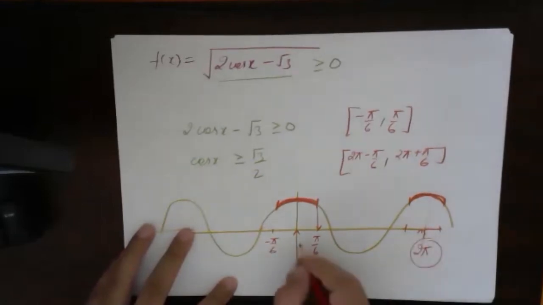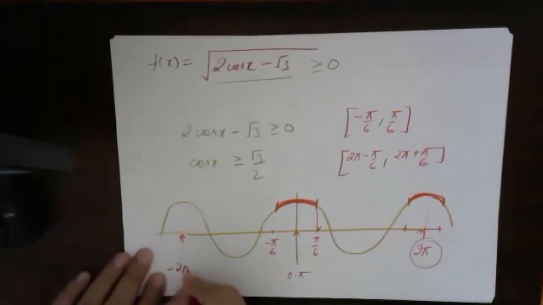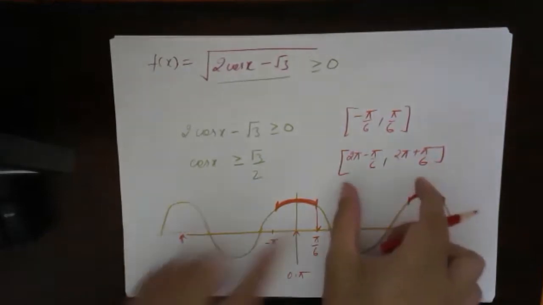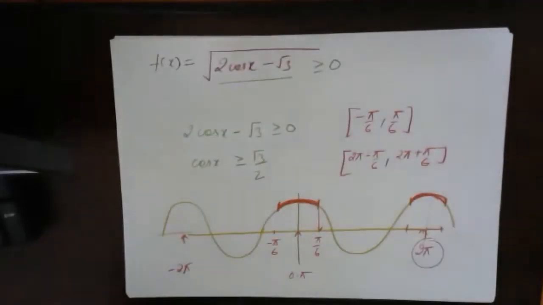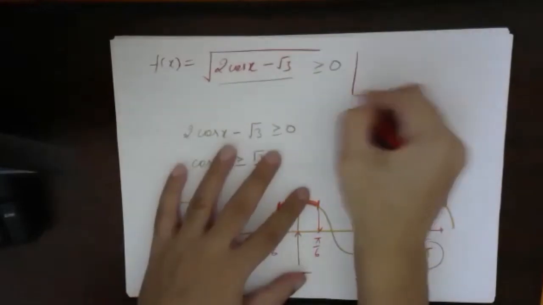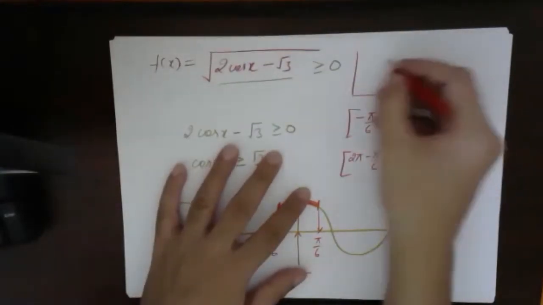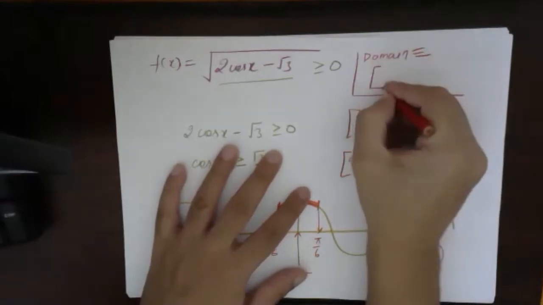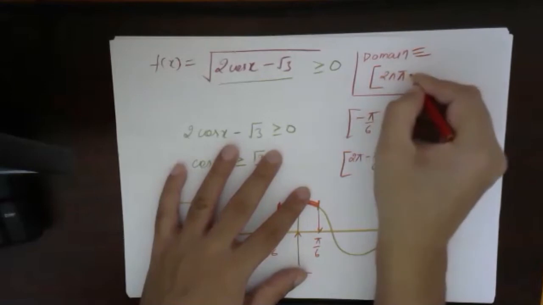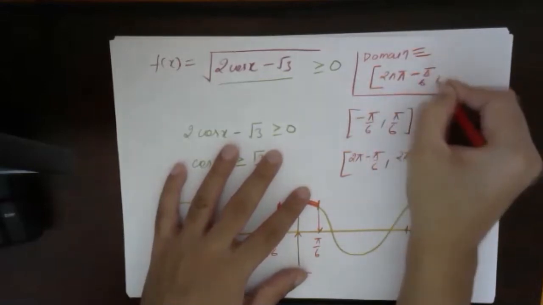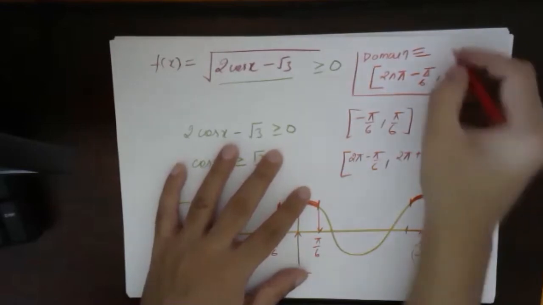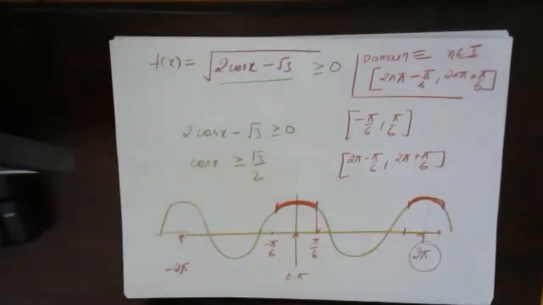Similarly, if I look at all the values, it will be symmetric about these even multiples of pi. So this is 0 into pi, this is 2 pi, this is minus 2 pi, then 4 pi, then minus 4 pi, 6 pi, and minus 6 pi, right? So instead of writing these values, we can introduce n, where n belongs to integers, and we can write the solution as the domain. So the domain will be closed bracket 2n pi minus pi by 6 to 2n pi plus pi by 6, where n belongs to integers.